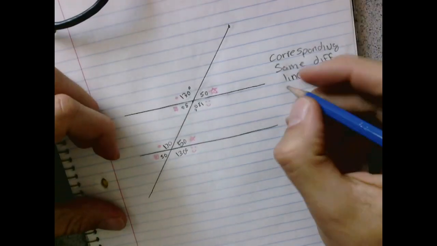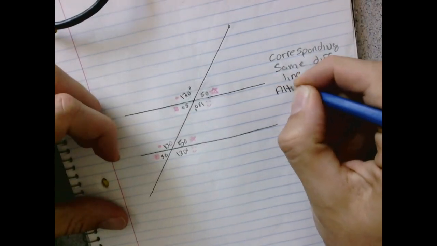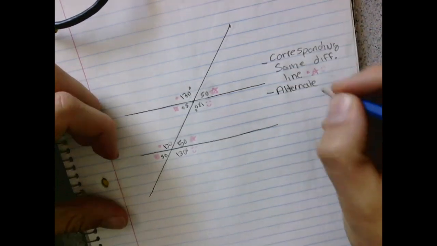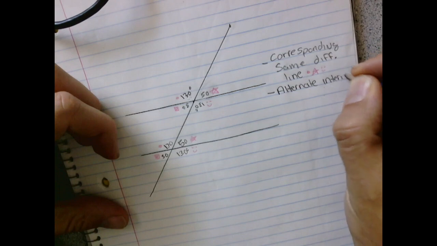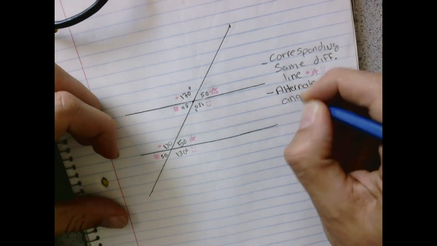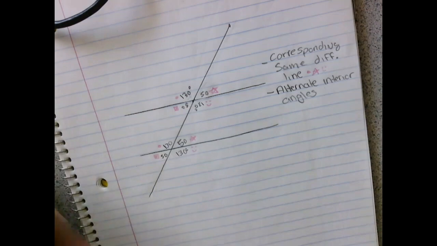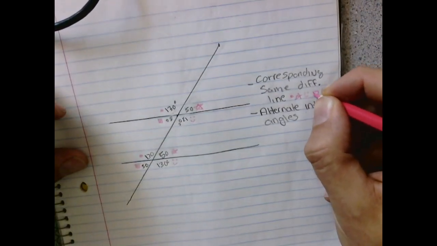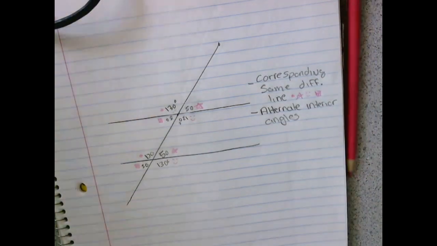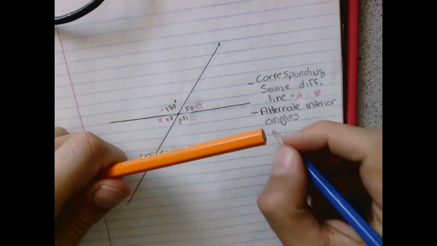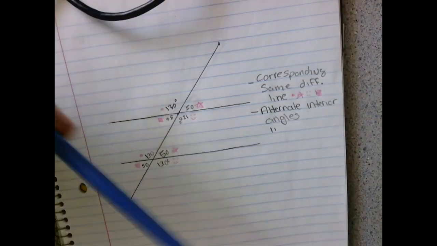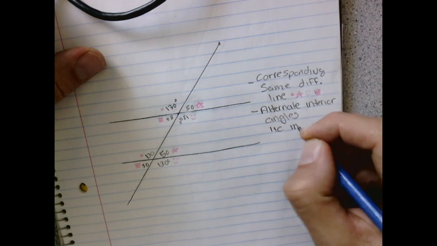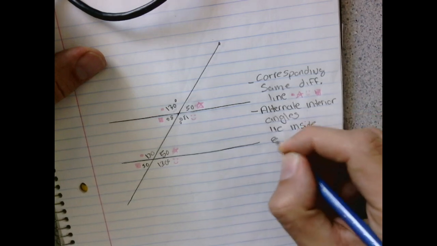Now let's move to alternate interior angles. Key here, which are on the inside, which lie on the inside of the transversal, inside, and on opposite sides.